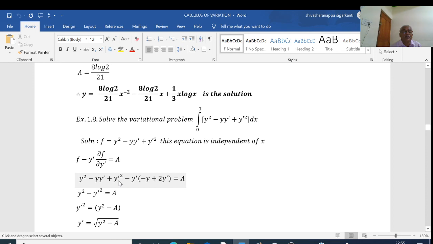Minus 2y dash square plus 1y dash square is minus y dash square. So on the left hand side we are getting y square minus y dash square equal to the constant quantity a, or y dash square is equal to y square minus a. Taking the square root, we get y dash is equal to root of y square minus a.